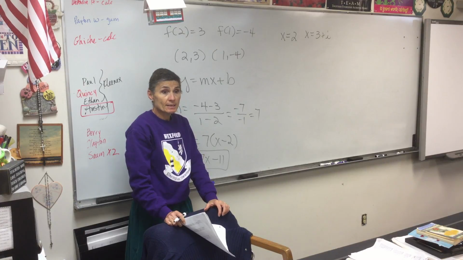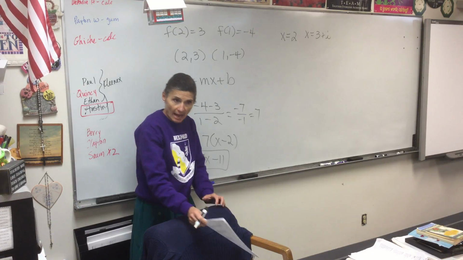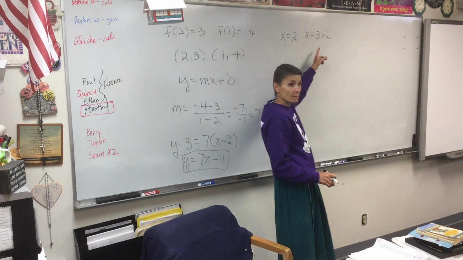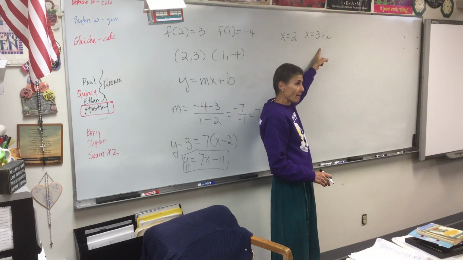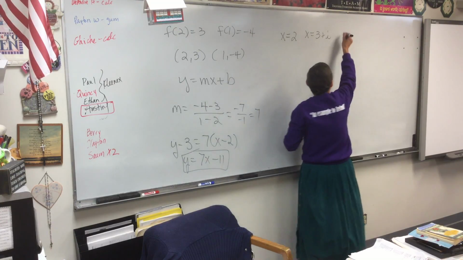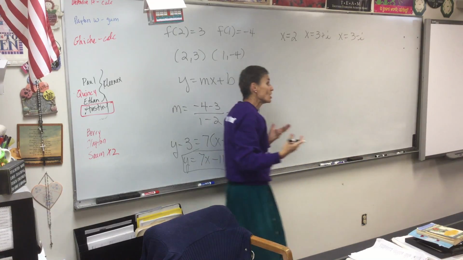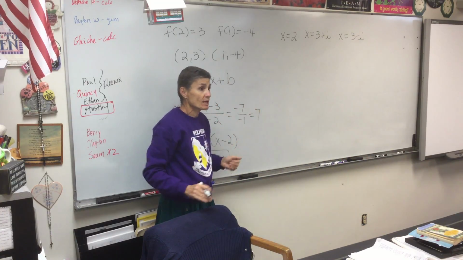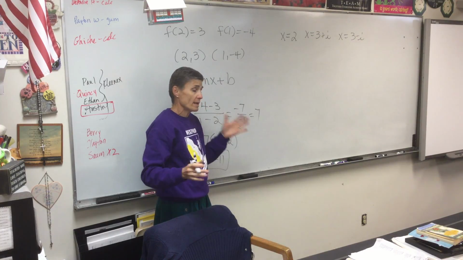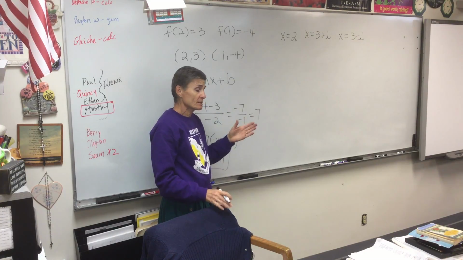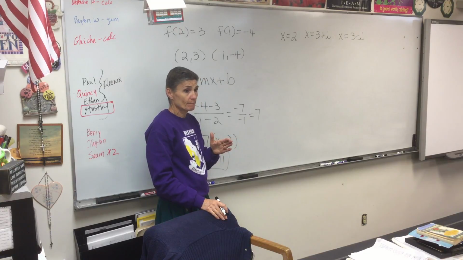You got to make the, exactly, you need the mate for 3 plus i, and what will that be? 3 minus i. They're not going to tell you that, or I'm not going to tell you that. You need to know that complex roots come in pairs, always. So if you have a 3 plus i, you're going to have a 3 minus i.